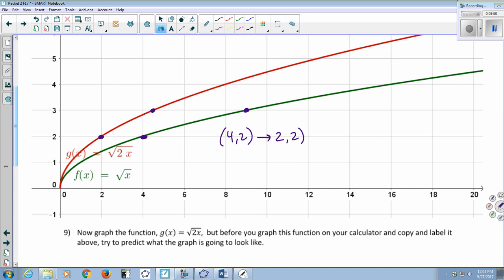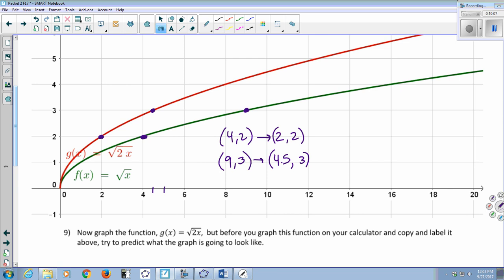Okay, so my point on f is (9, 3). The point on g that also has a y value of 3 looks like that's 4.5, so (4.5, 3).